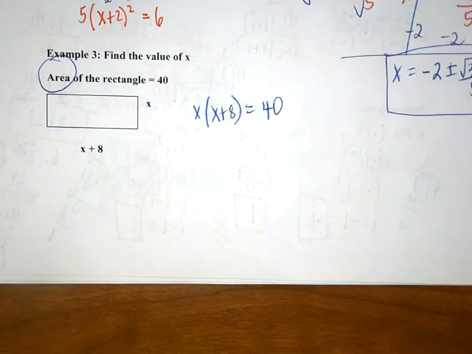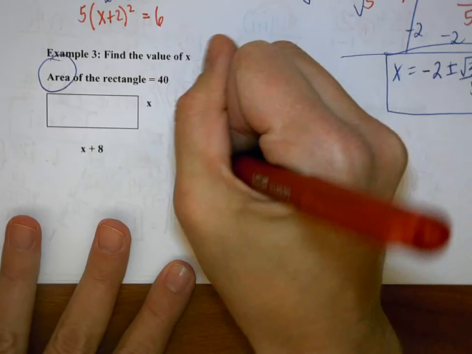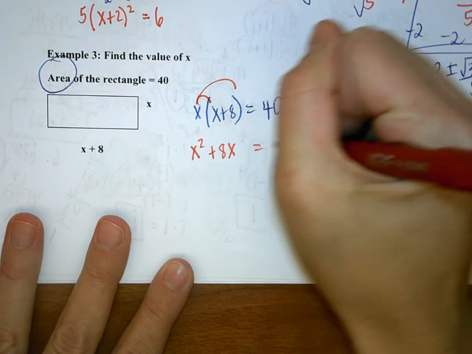Is everybody okay with that? Okay. Now, we've been dealing with completing the square and all that kind of stuff. They want us to find the value of x. What do you think I should do next on this problem? Okay, distribute the x. So we get x squared plus 8x equals 40.